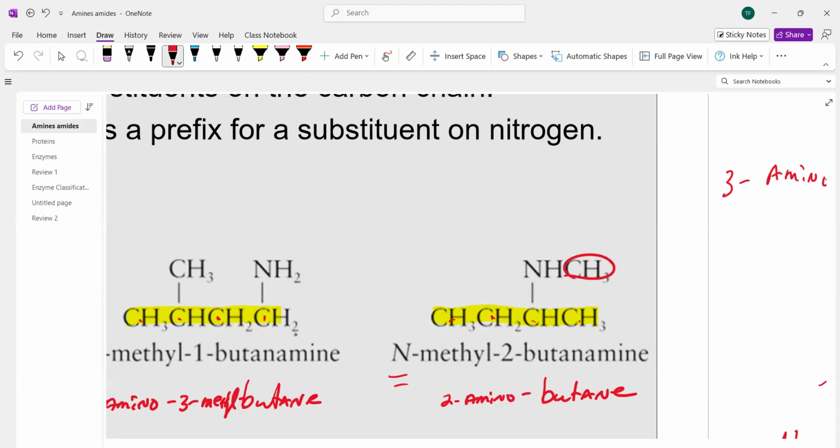And we have a methyl group on the nitrogen branch. Okay, that's distinguished by this uppercase italicized N. So, and it's a methyl. So we're going to go N-methyl 2-amino butane.